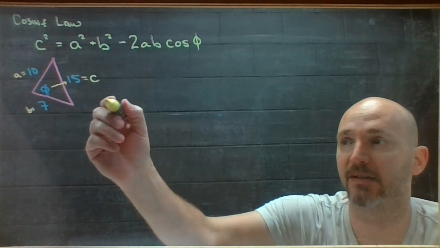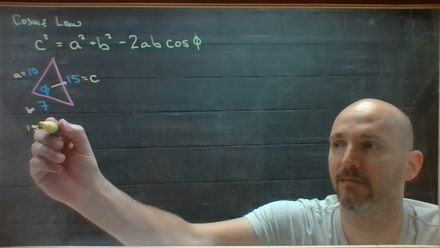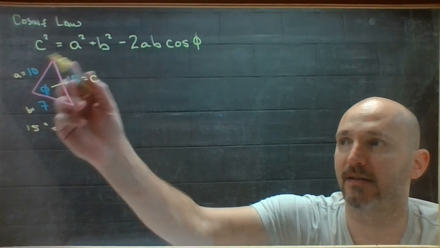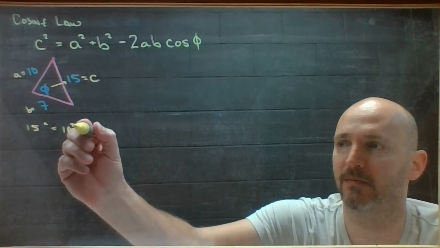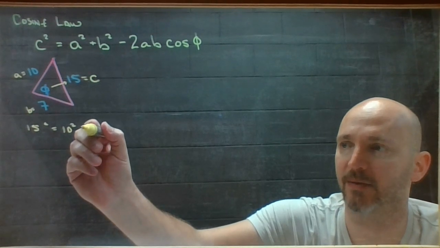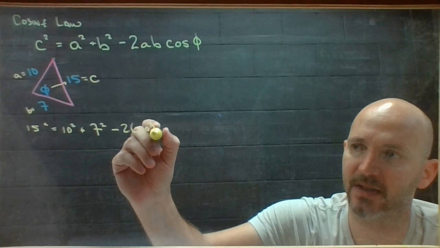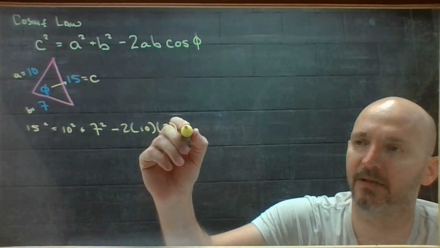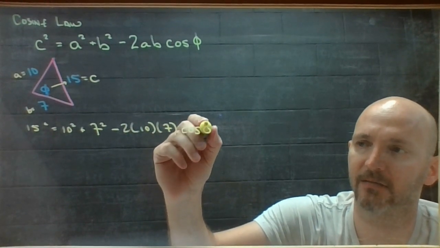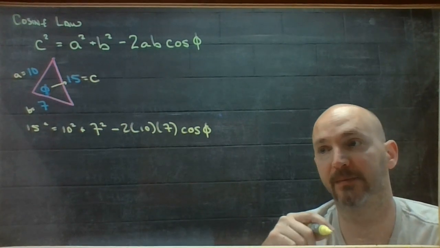So 15 squared is 10 squared plus 7 squared minus 2 times 10 times 7 times the cosine of an unknown angle.